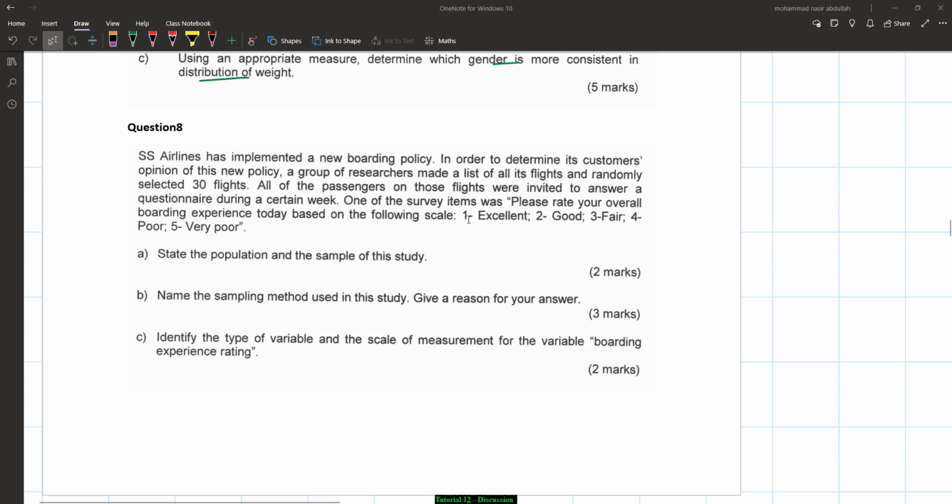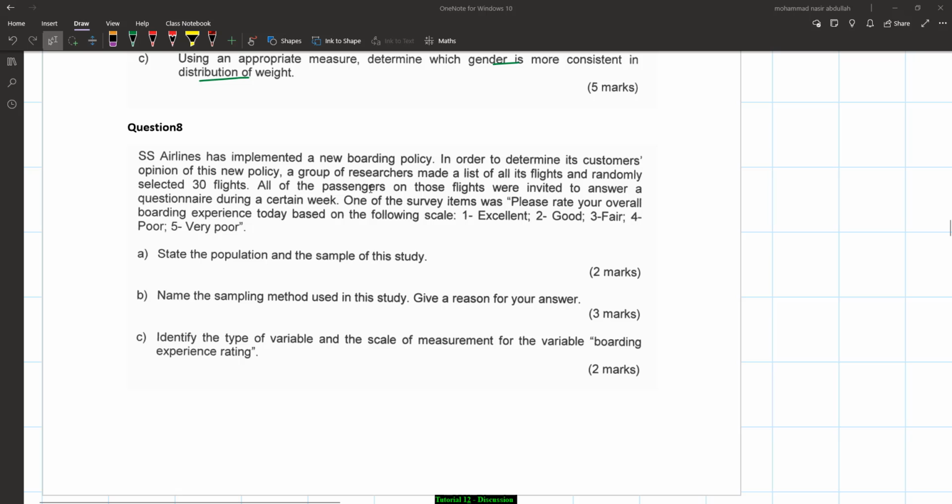Right, question number 8. SS Airlines has implemented a new boarding policy. In order to determine its customer opinion of this new policy, the group of researchers has made a list of all flights and randomly selected 30 flights.